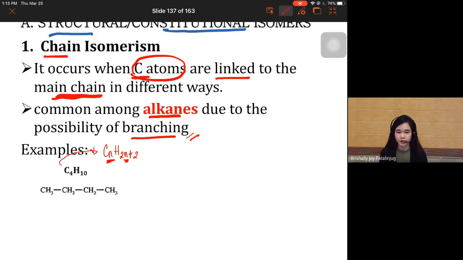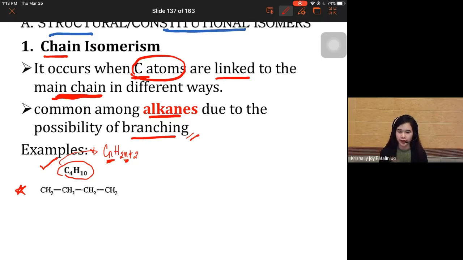This is the condensed formula of butane. Tama? CH3, CH2, CH2, CH3. Okay? And again, ito lang yun. Okay? Ito yung condensed structure. Ito yung formula. Meaning, sa structure na to, 4 yung carbon, 10 yung hydrogen.